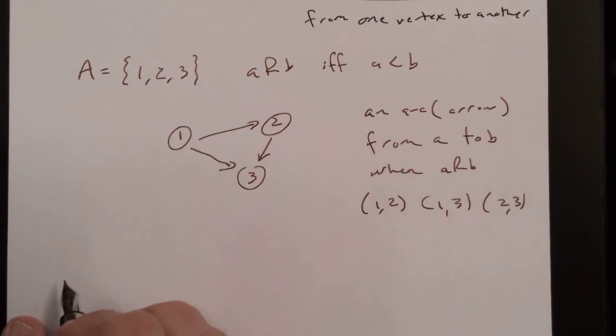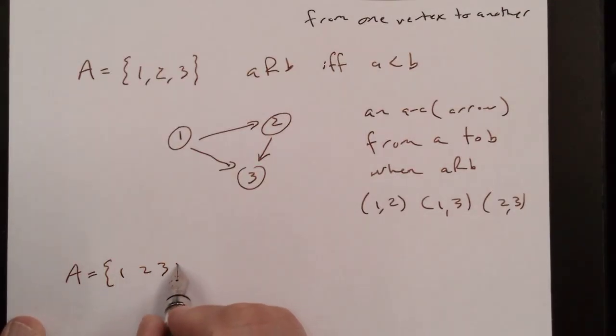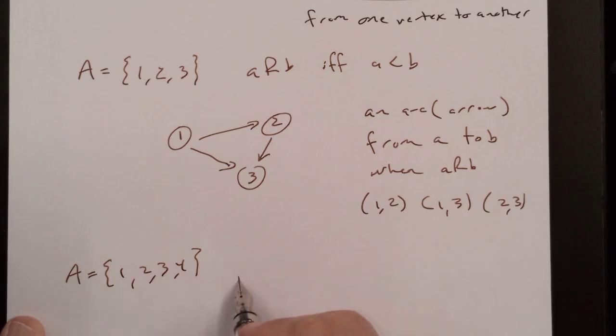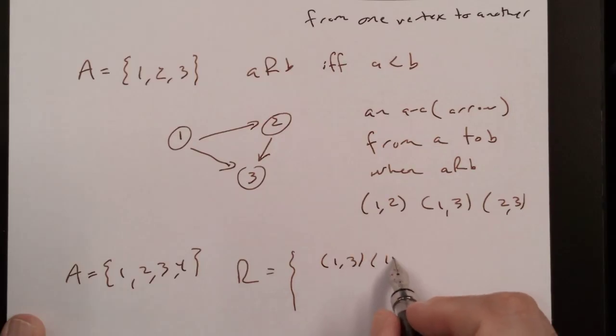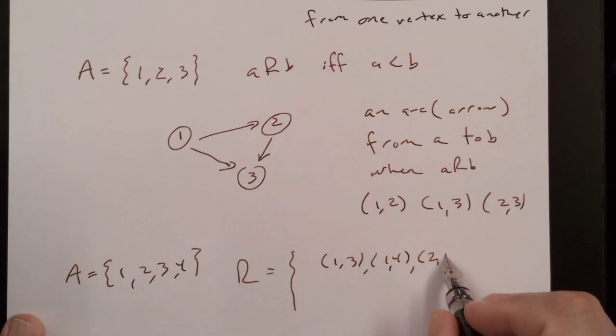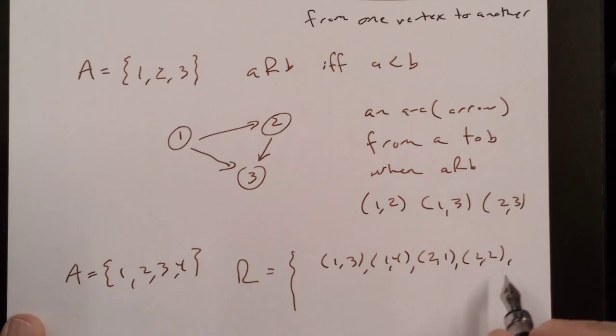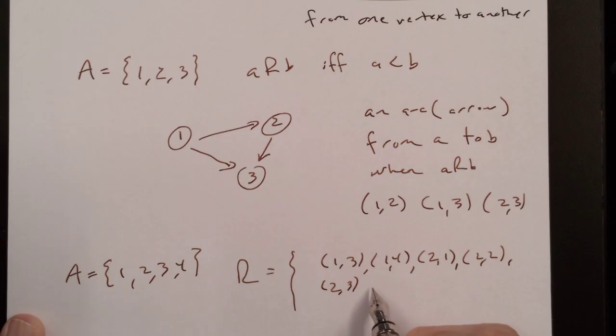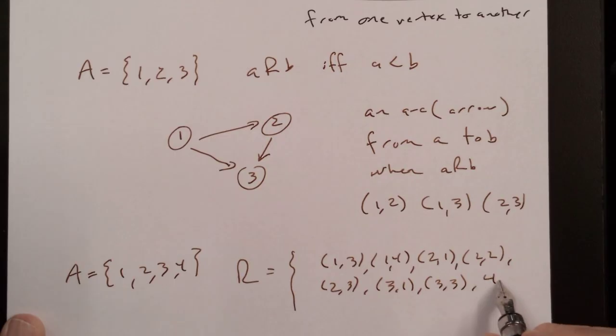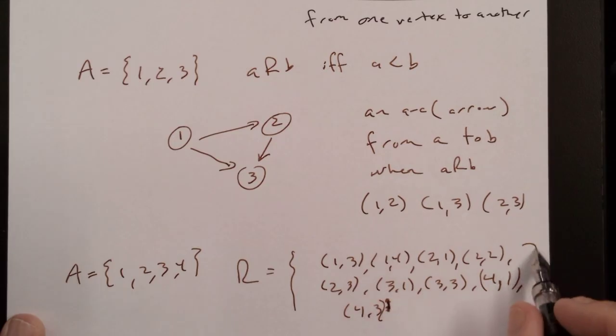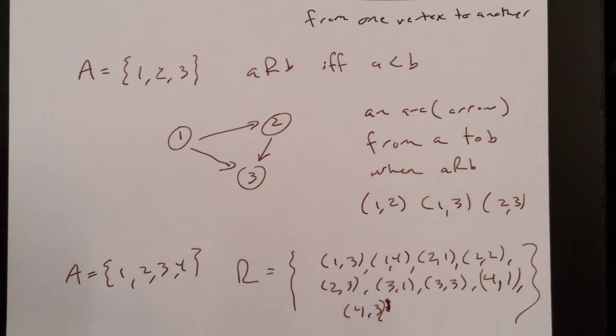So even if I defined my set and then simply gave you a list of ordered pairs, you should still be able to build the digraph that goes with this relation.